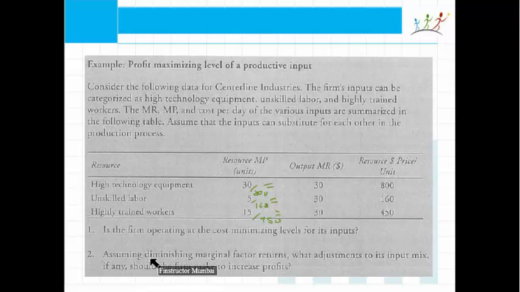Assuming diminishing marginal factor returns, this means that incrementally each factor will give lower and lower output, as we saw in the case of our shirts.